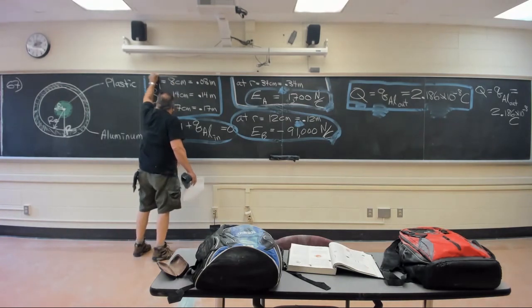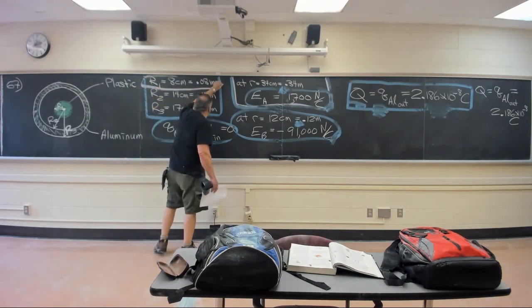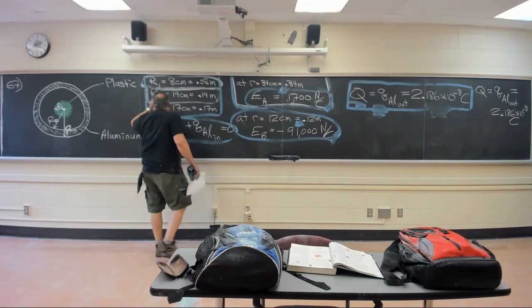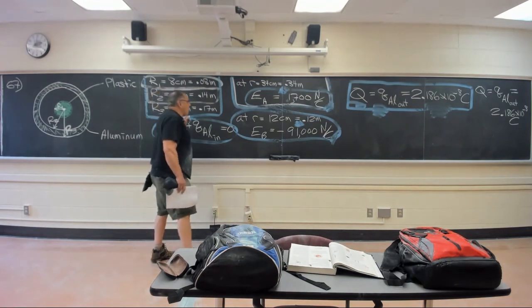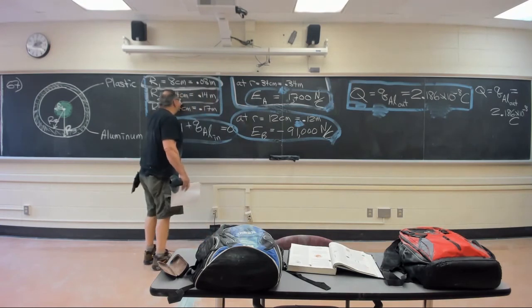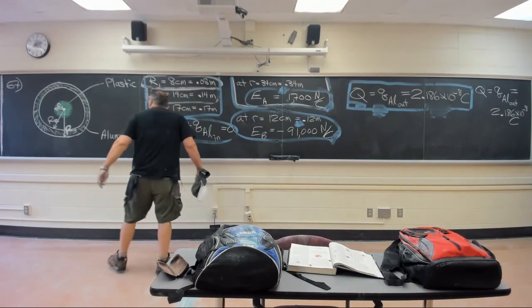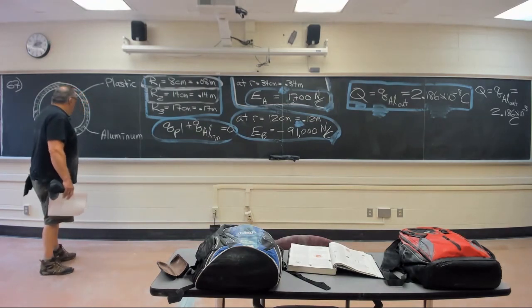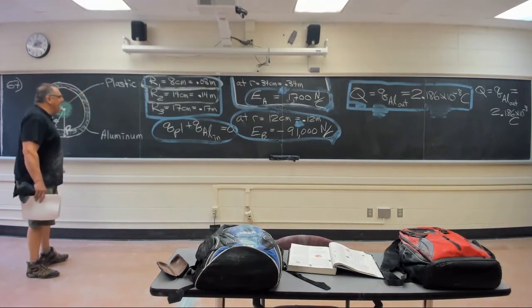They want the Q for the plastic, and it's going to help us if we know this. They told us some data related to 12 centimeters away from the center. Wait a minute, that's inside of this. You're inside the 14.